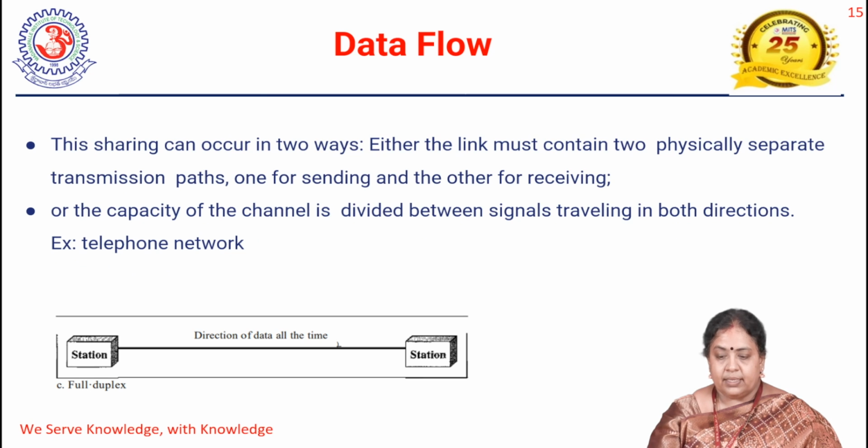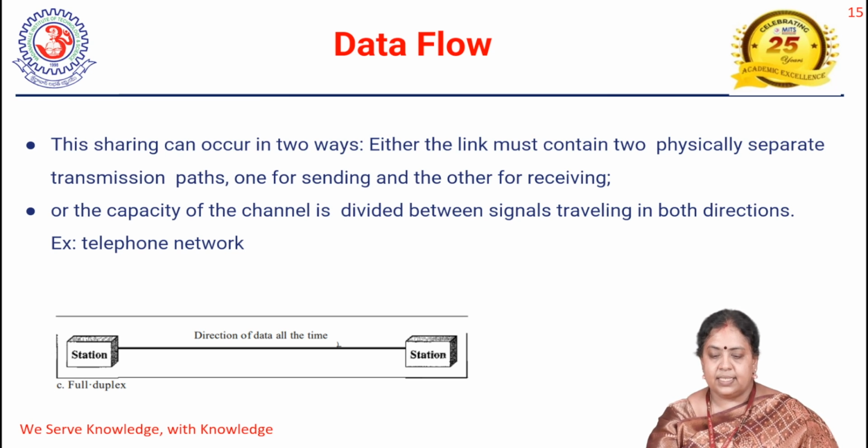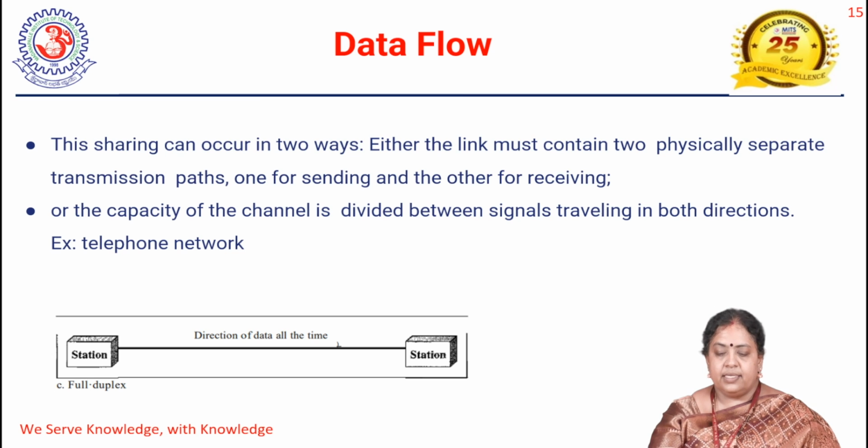And also one thing, this sharing can occur in two ways. Either the link must contain two physically separate transmission paths, one for sending and the other for receiving, or the capacity of the channel is divided between the signals traveling in both directions. This is a link between one device and the other device, and this link can be shared by the two devices at the same time.